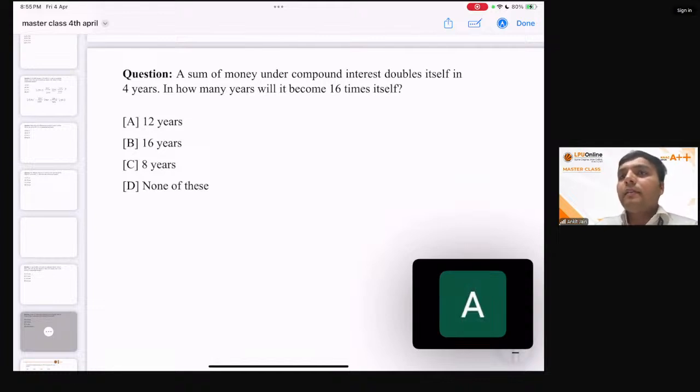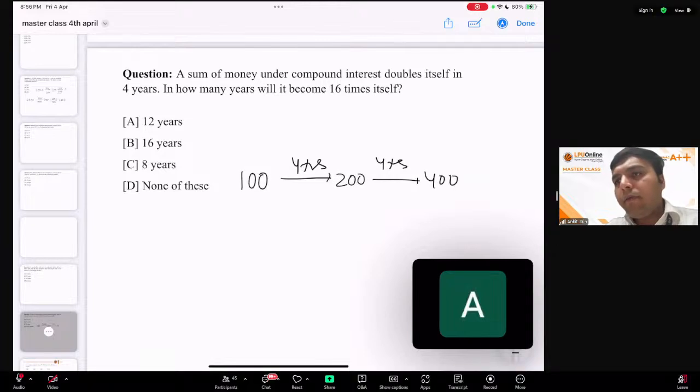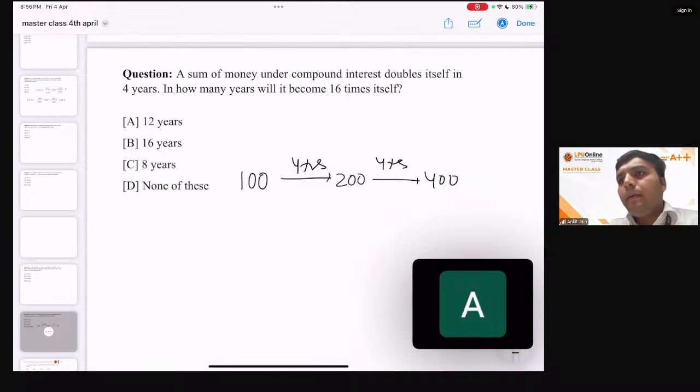For example, in this case, the money doubles in 4 years. Suppose you have 100 rupees, it becomes 200 in 4 years. In the next 4 years, your 200 becomes 400, because after every 4 years your money doubles. Then again in 4 years, your 400 becomes 800.